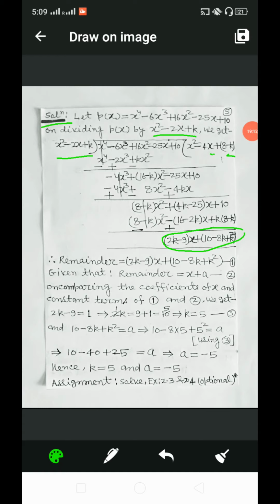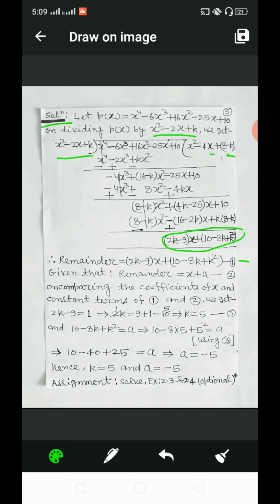This is the remainder. Here the degree of the remainder is less than the degree of the divisor. So the remainder is equal to (2k minus 9) into x plus 10 minus 8k plus k square.